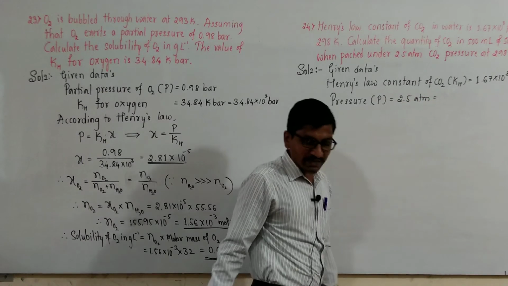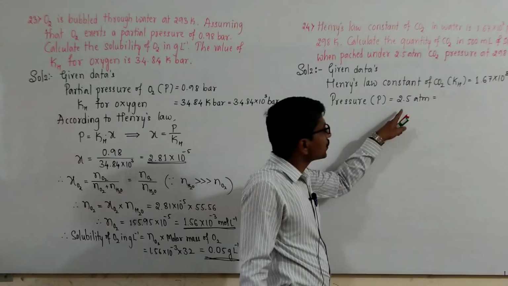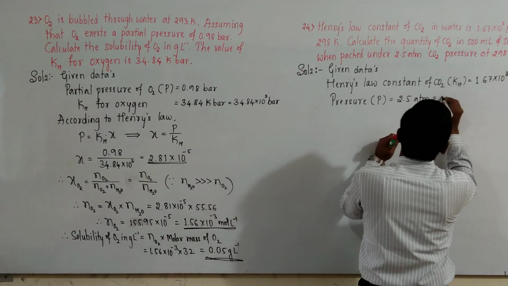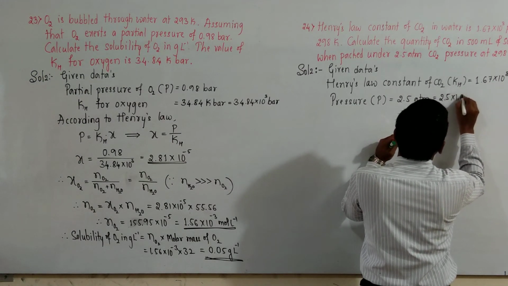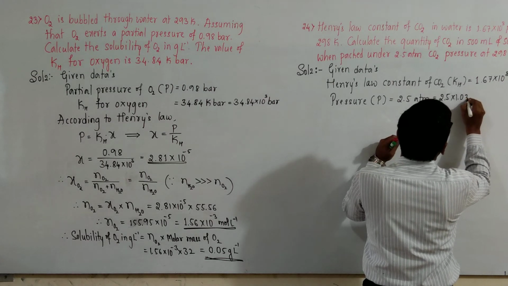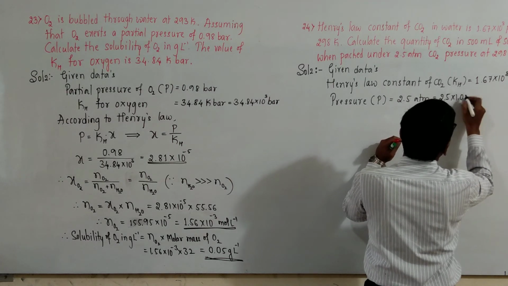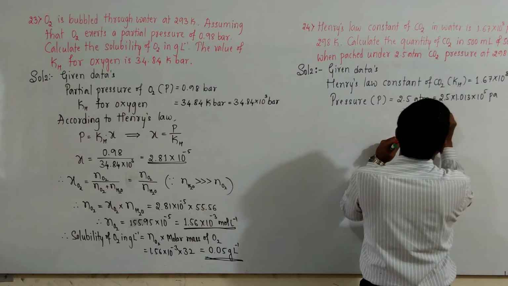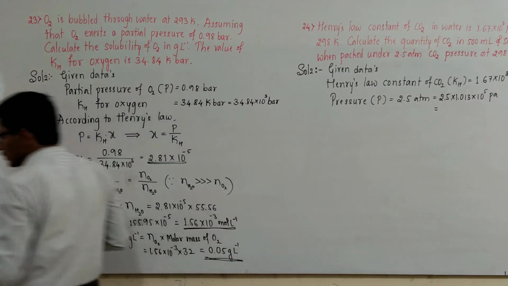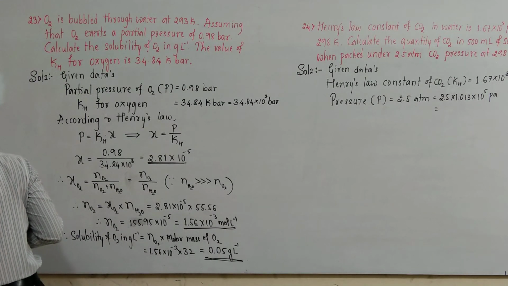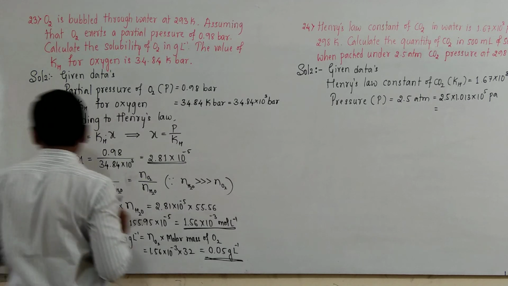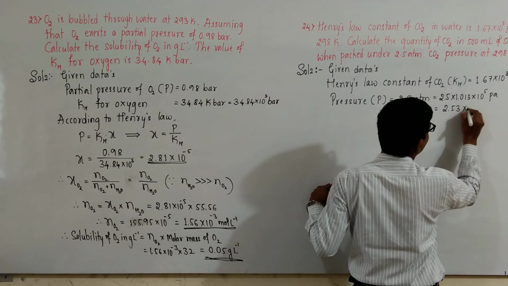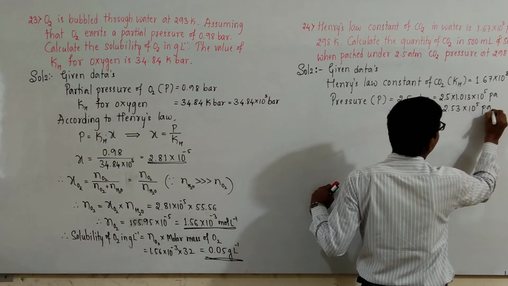This is converted into Pascal by multiplying 2.5 into 1.013 into 10 raised to 5 Pascal. This is equal to 2.53 into 10 raised to 5 Pascal.